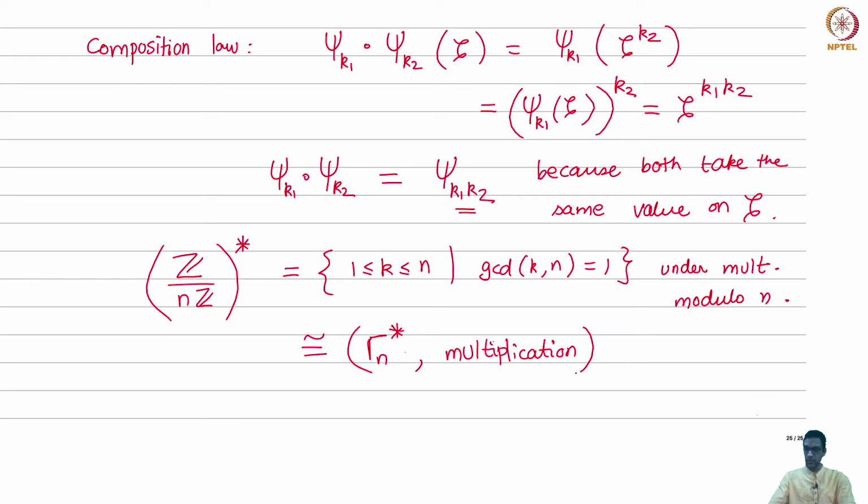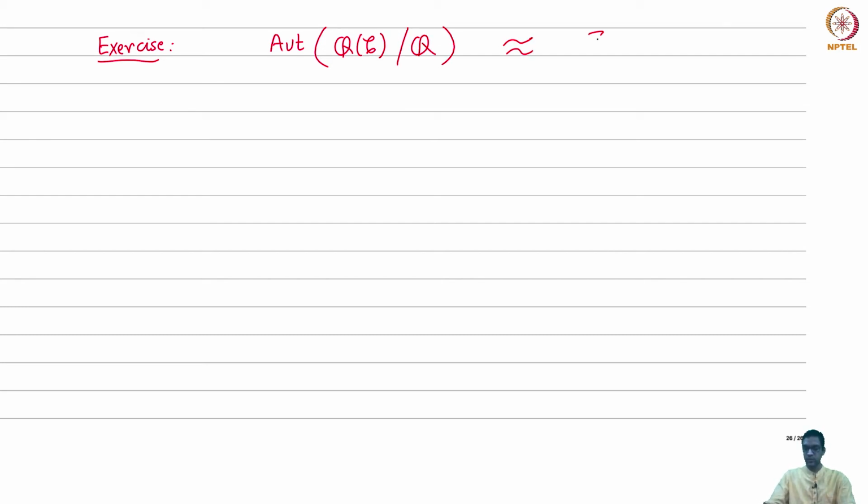Okay, so this is the group structure. So now it's an easy exercise from all that we have said. So observe that the Galois group, the group of automorphisms, is nothing but this group Z mod nZ star.